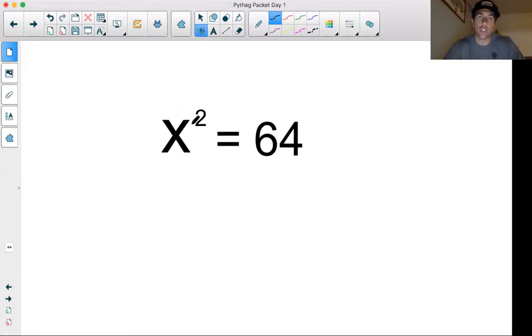To get rid of a squared variable, okay, you need to take the square root of both sides, and that's that symbol in the calculator. Now, you guys have a free calculator on my website that you can use. Basically, what the square root does, guys, is it finds the perfect square in this number.